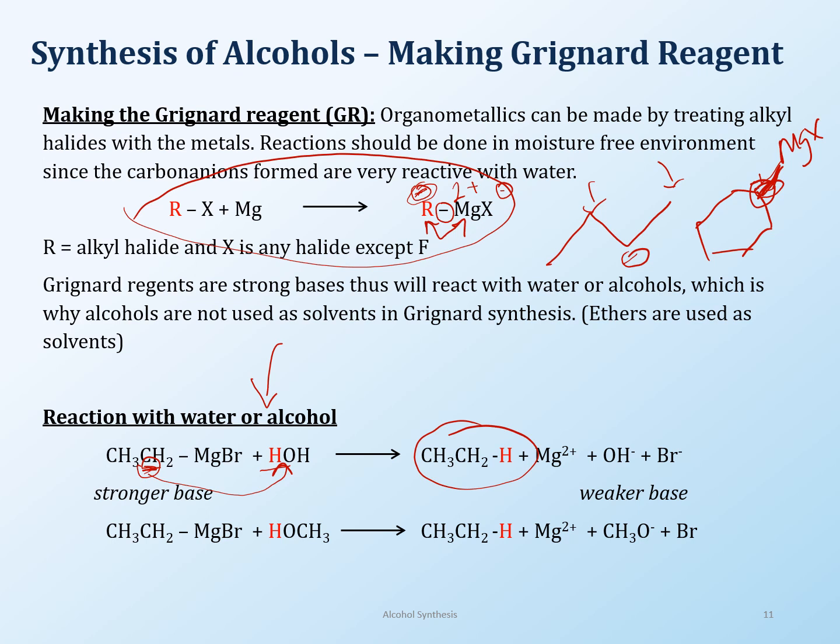Which means our solvent that we use for doing Grignard reactions is not going to be water. It also cannot be alcohol, because alcohols behave the same way. Although we are making alcohols, we can't use alcohols as our solvent here also, because again the same thing, acidic proton. So the CH2 here, the anion will pick up the proton, become an alkane.